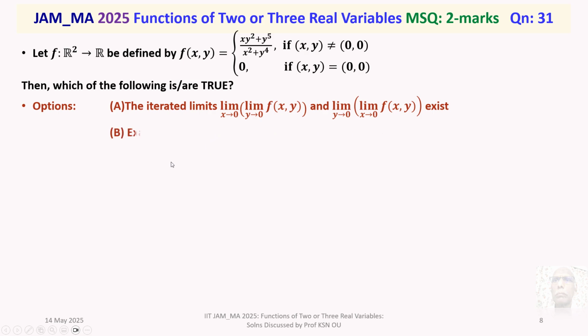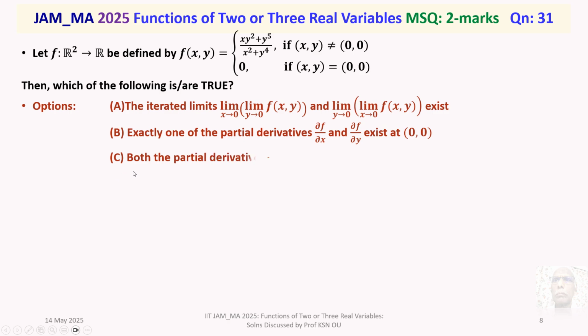That's the first question. B: exactly one of the partial derivatives del f by del x, del f by del y exists at (0, 0). Option C says both the partial derivatives exist at (0, 0). So between B and C, one of them must be true. D: f is not differentiable at (0, 0).